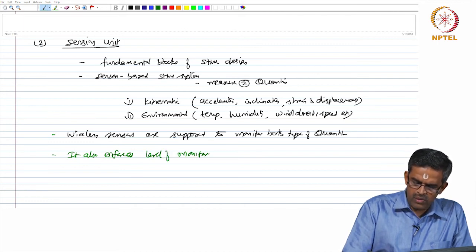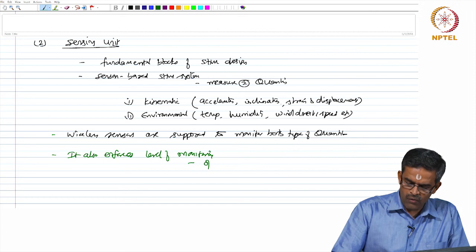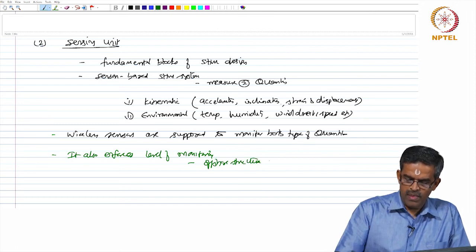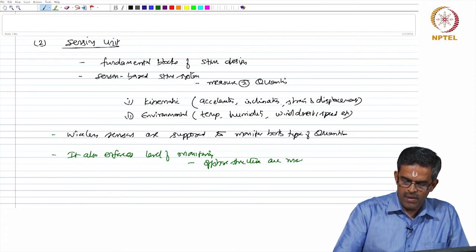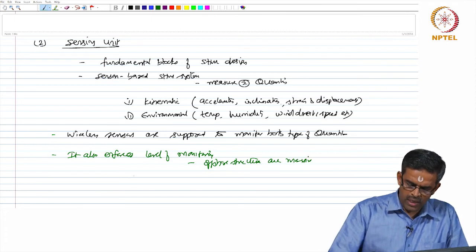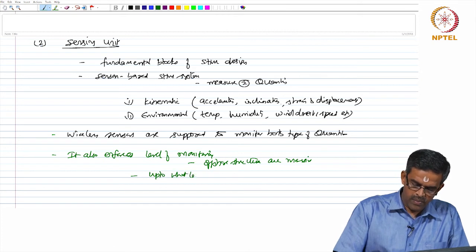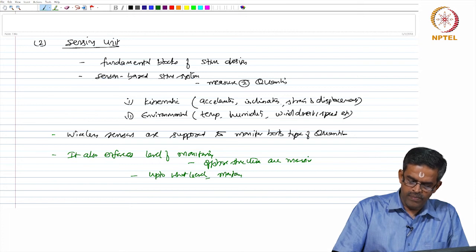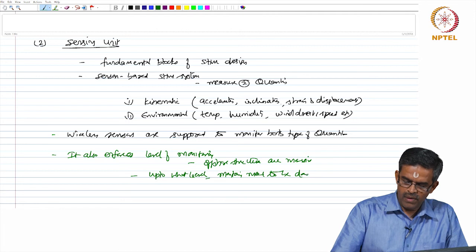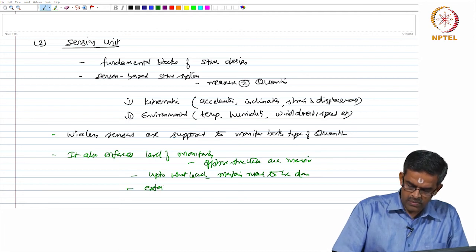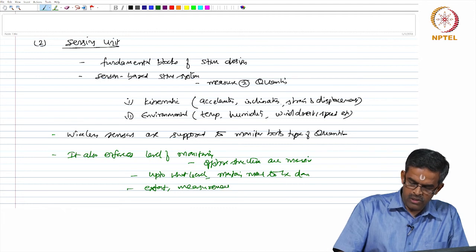Why is this important in this case? Offshore structures are massive. So, we want to ensure up to what level monitoring needs to be done, in the sense, up to what extent measurements ought to be taken. This is to be pre-decided.